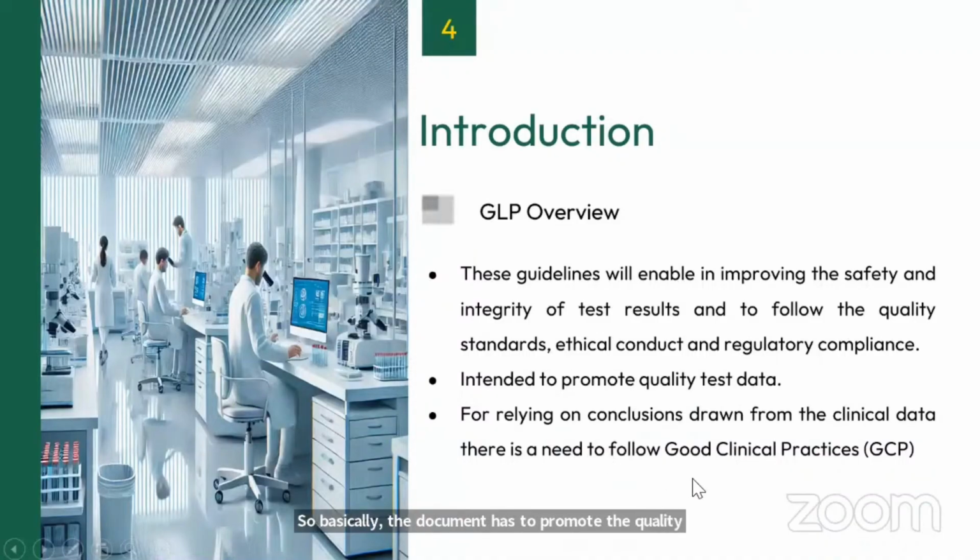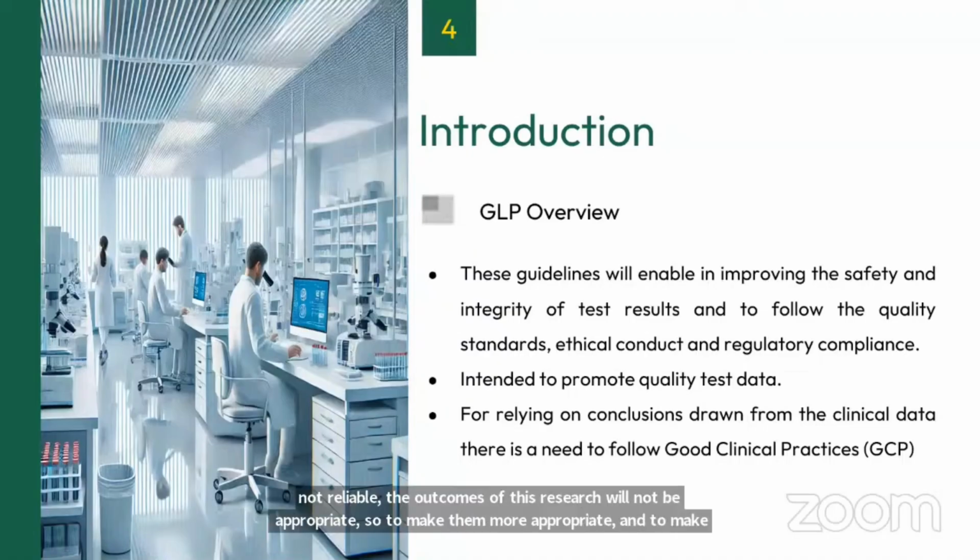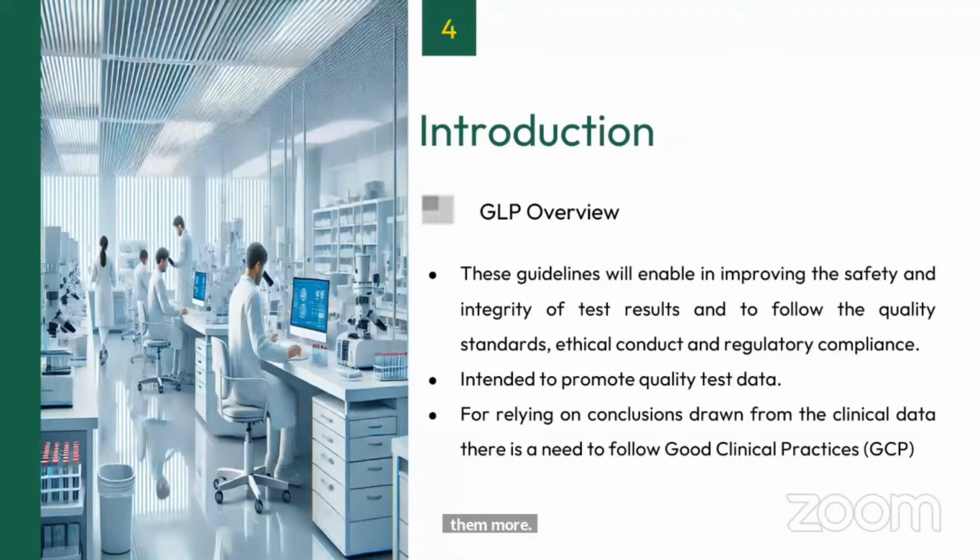Whatever research is conducted in the clinical setup, to make it more reliable and more evidence-based, you need certain laboratory investigations. If the data itself is not reliable, the outcomes of this research will not be appropriate. So to make them more appropriate and more reliable, ICMR has come up with these GCLP guidelines.